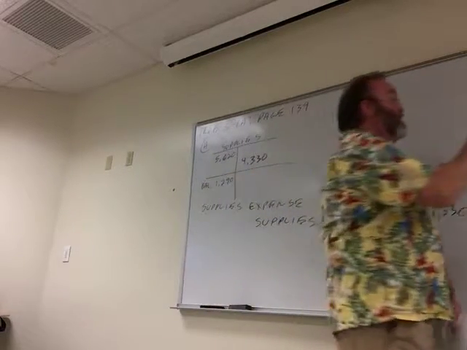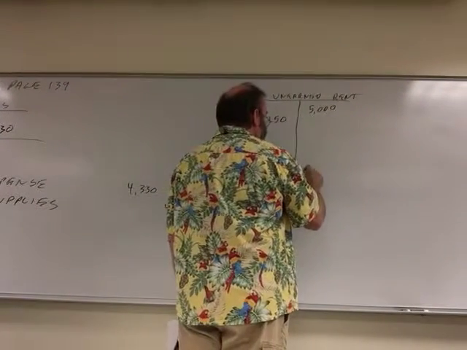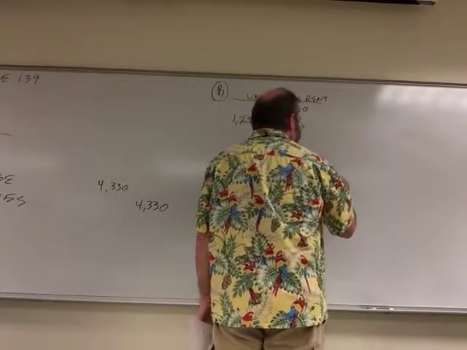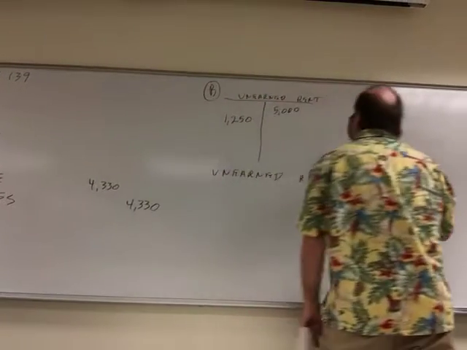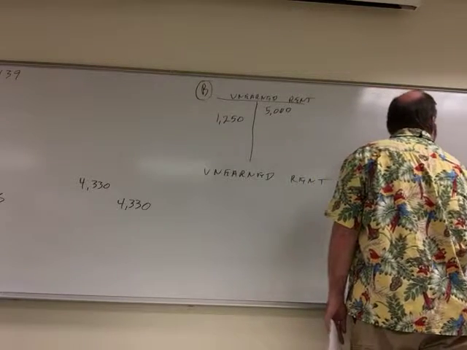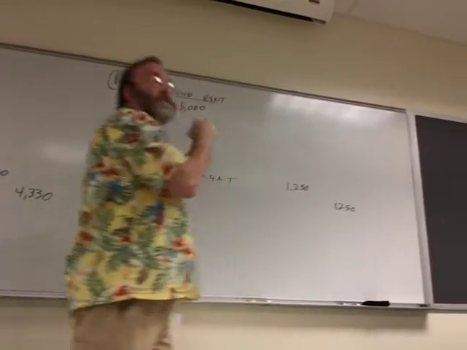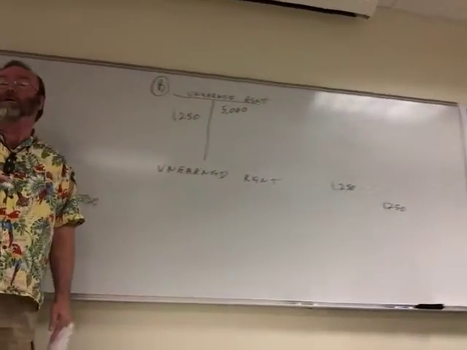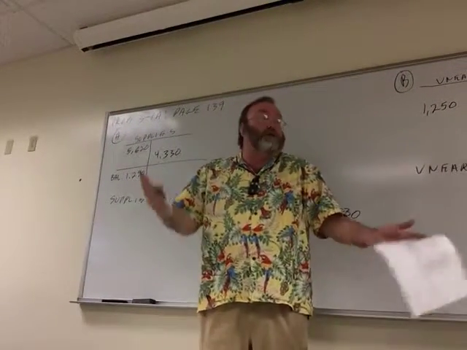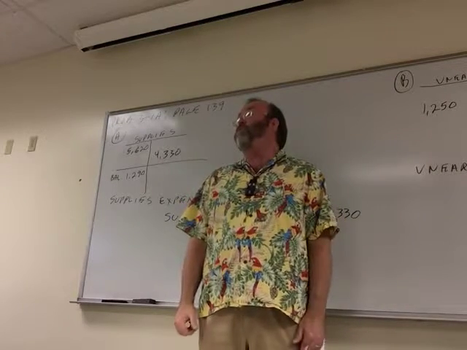So we now know what the debit is. This is a deferred revenue. Cash changed hands back on the 1st of March when our tenant gave us the payment for 4 months' rent.